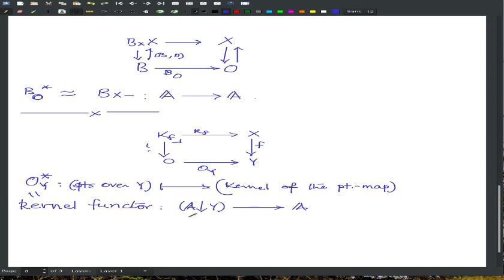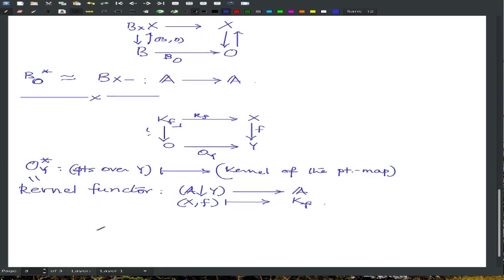So this one takes xf to the kernel of f. So this one is therefore the inclusion, or the kernel functor restricted to the points over y. Okay?